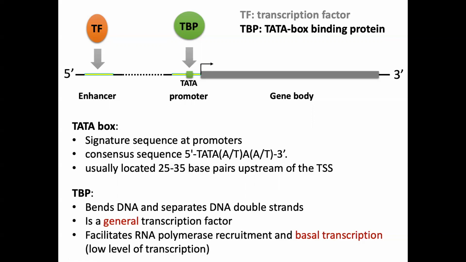TBP also brings in more transcription-related proteins and initiates the formation of the RNA polymerase transcription complex, setting it ready for gene transcription. At this point, a very low level of transcription could occur. We call this type of transcription the basal level of transcription, or just basal transcription.